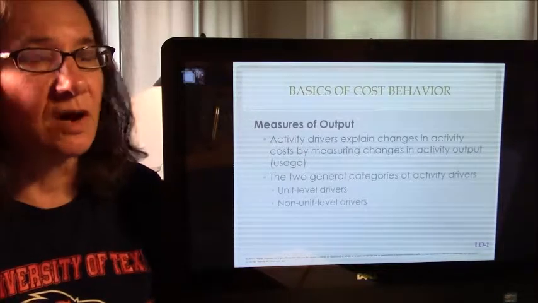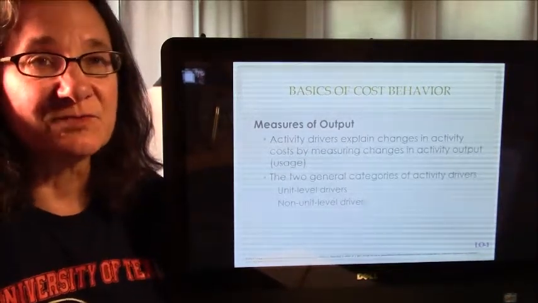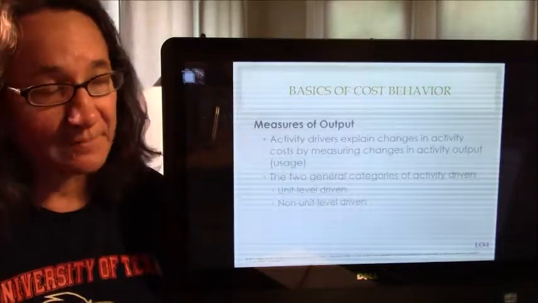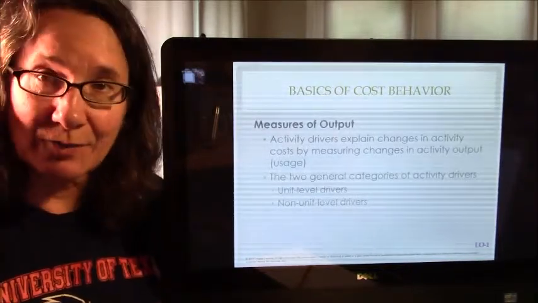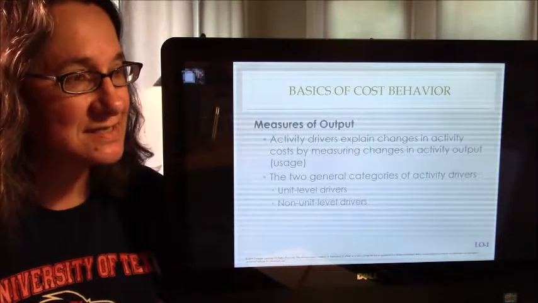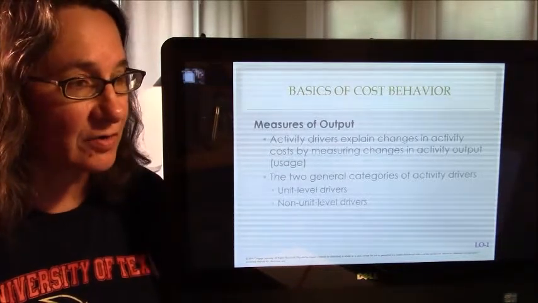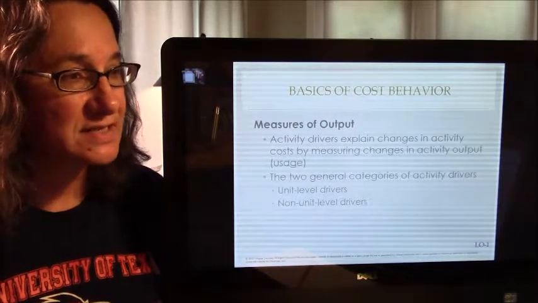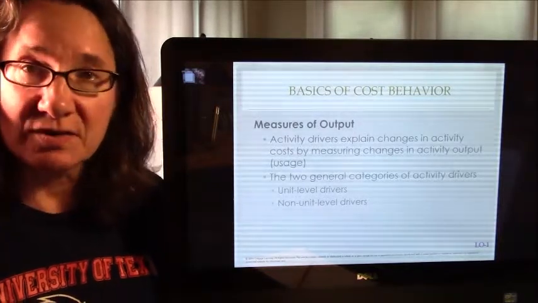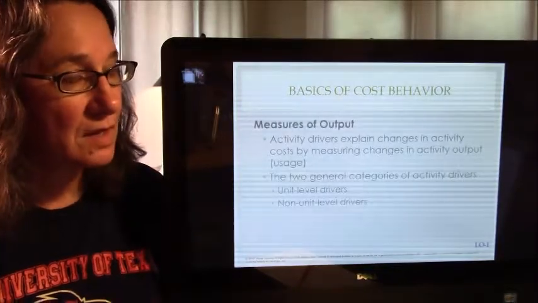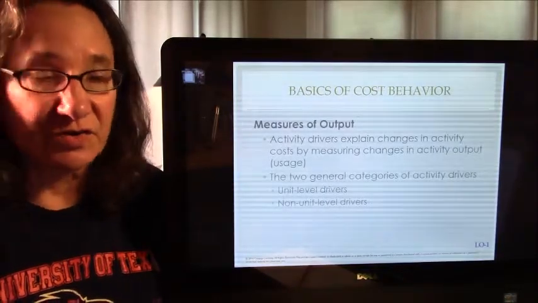All right, so before we get any further, if we're saying cost behavior is related to output, well, what do we mean by output, right? So typically, there are 2 general categories. One is the unit level drivers, right? So as we have more units, we increase our total cost.